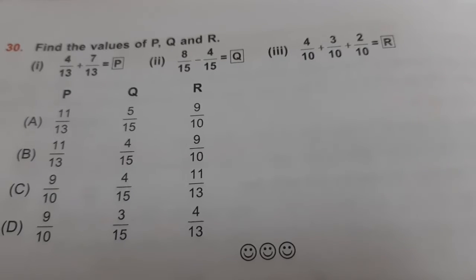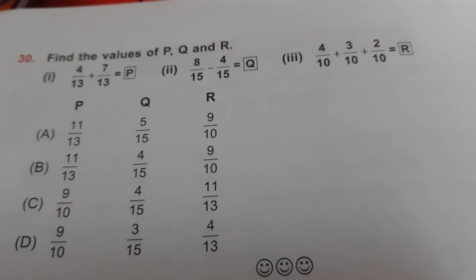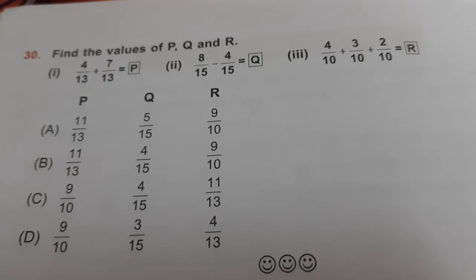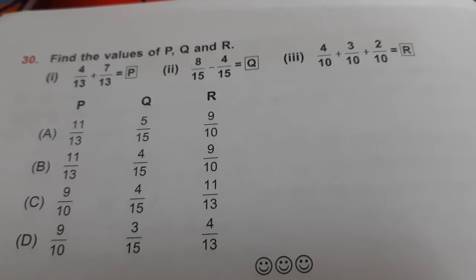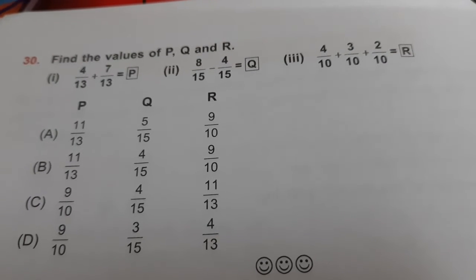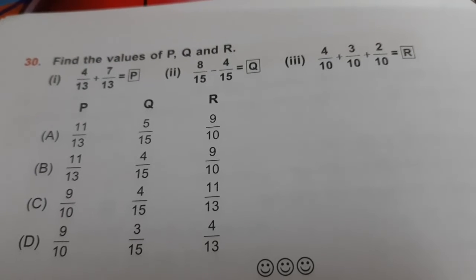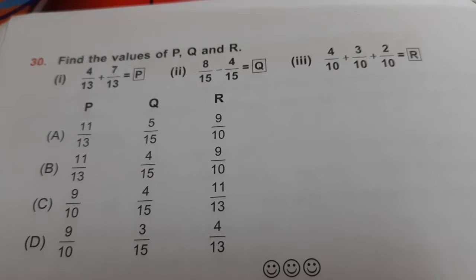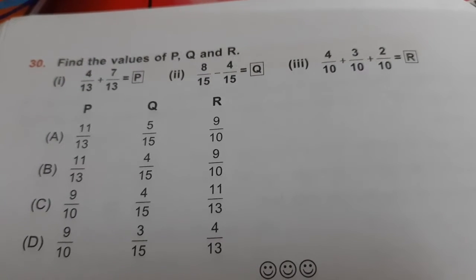Moving on to the next question, which is question number 30, which is the last question of this section and the chapter as well. Find the value of P, Q, and R. Okay, so let's look at the first option to see what P is. 4 upon 13 plus 7 upon 13 is equal to P. As you can see, the denominators are same, so you can just add the numerators.